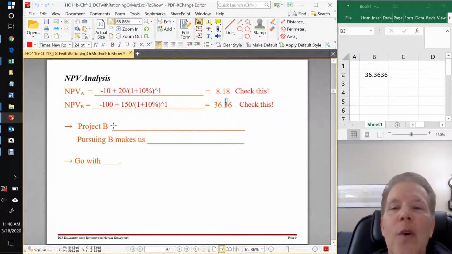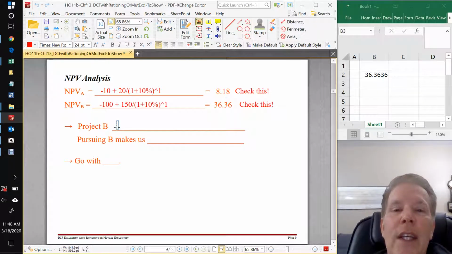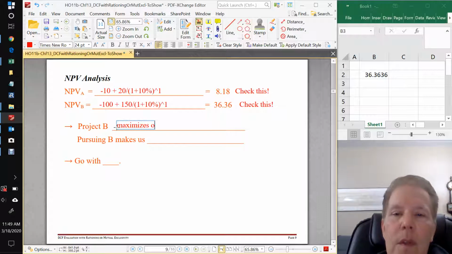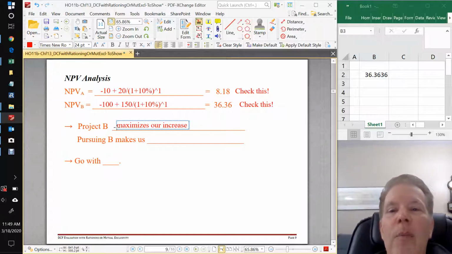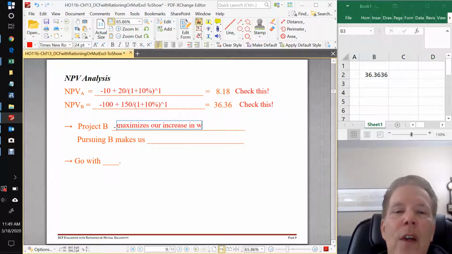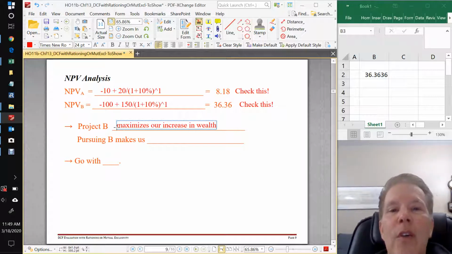Okay, so project B, check this out. Project B maximizes our increase in wealth. Remember the increased wealth concept from the last handout?